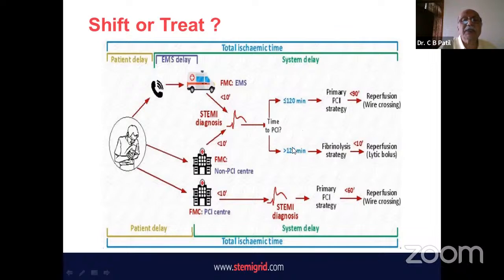Whereas if it's more than 120 minutes, better to just do the fibrinolysis, with door-to-needle time within 30 minutes. So best is a bolus lytic agent rather than an infusion of streptokinase and all these things. Whereas if it is less than 120 minutes, primary PCI is still the preferred strategy, and within 90 minutes you should achieve a reperfusion.